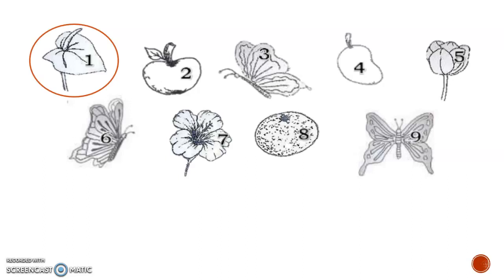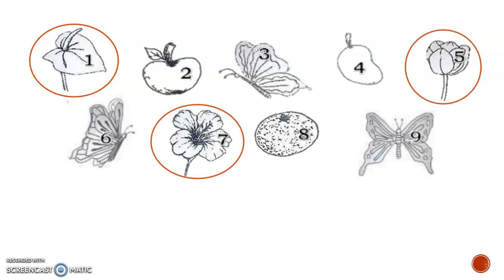This is a kind of flower, another, and another. So these are all flowers. On picture 1, this is a flower of an anthurium. And we have picture 5, this is a flower of a tulip. And this one, picture 7, that is a flower of a gumamela. Okay, so those are flowers. So we group them according to their characteristics. So these are all flowers.